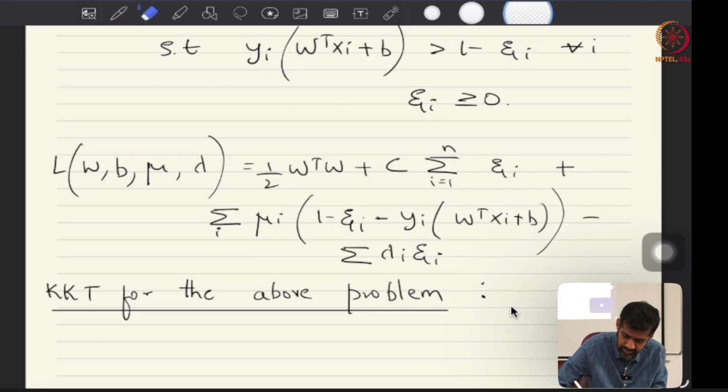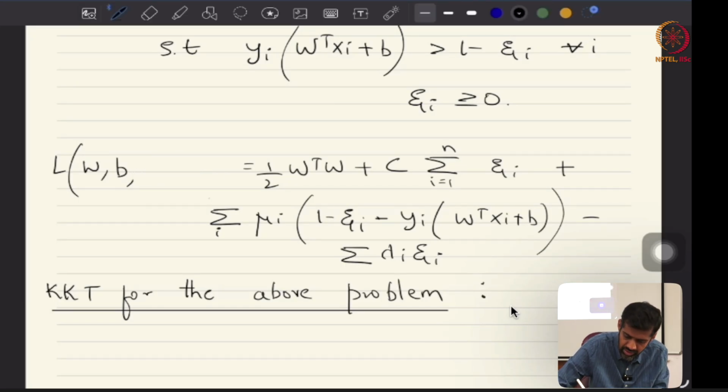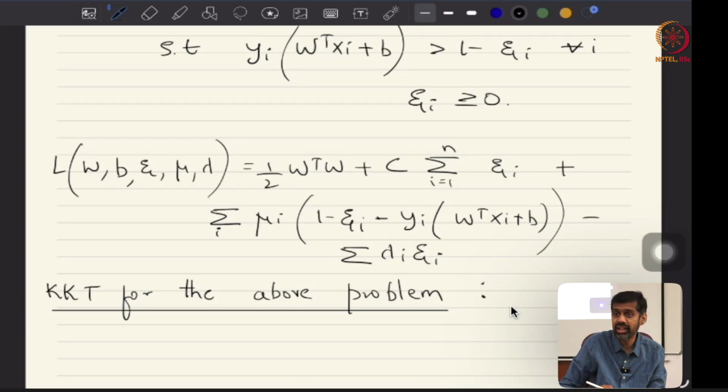It will be a function of W, b, xi, mu and lambda, that is what it is going to be. Lambda are the new Lagrange multipliers that we are getting for the newer constraint that we have. Is that okay?